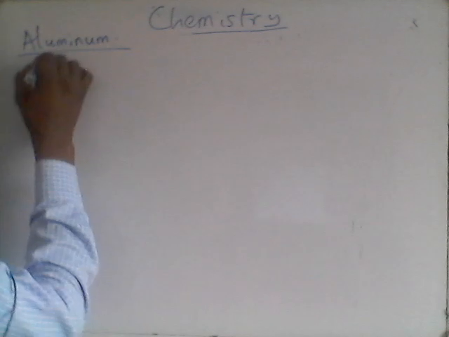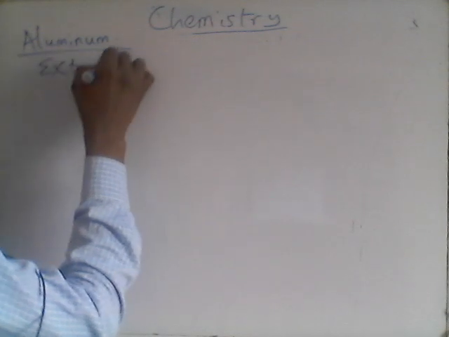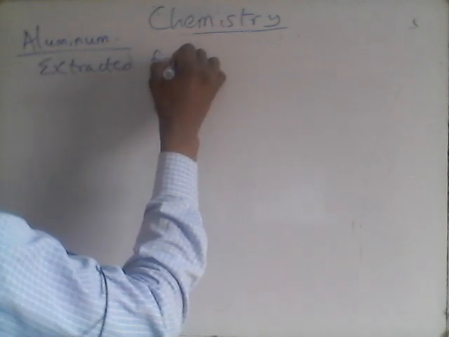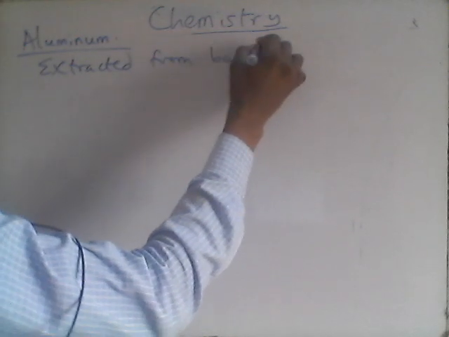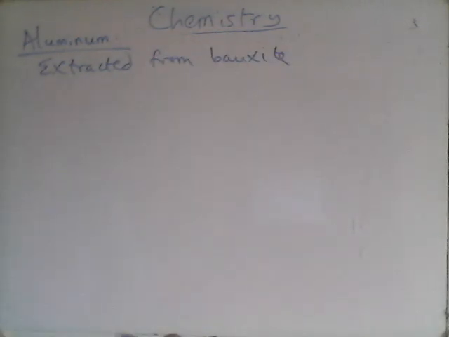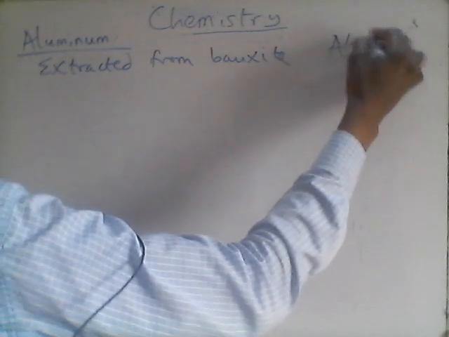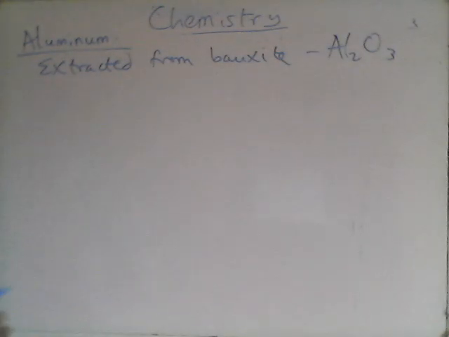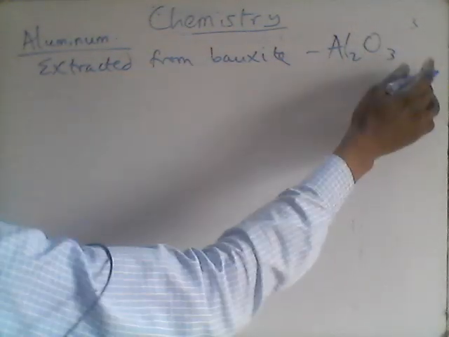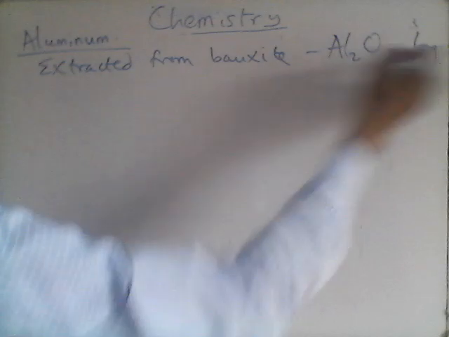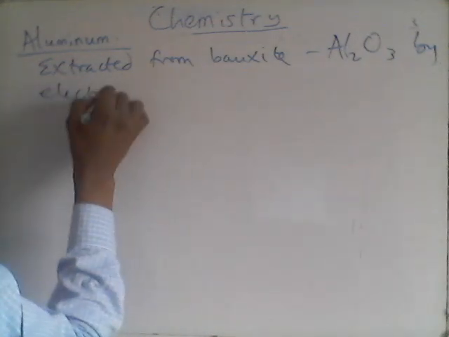So aluminium is extracted from bauxite. Bauxite is actually an oxide of aluminium. This is bauxite. Okay. So the first thing is you use, okay, how? By electrolysis. We'll look at electrolysis soon.